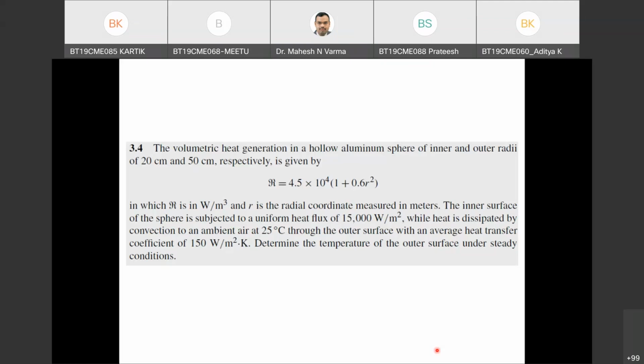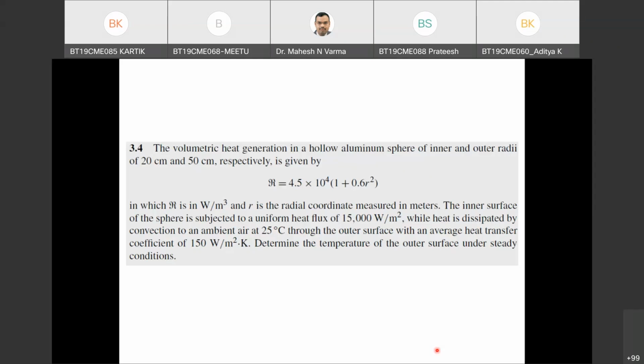Sir, if we take r to be a function of the surface, heat generation is a function of r. Can we take r to be 0.5 meter? No, it cannot be. That will give you heat generation at 0.5 or at 0.2 meter.